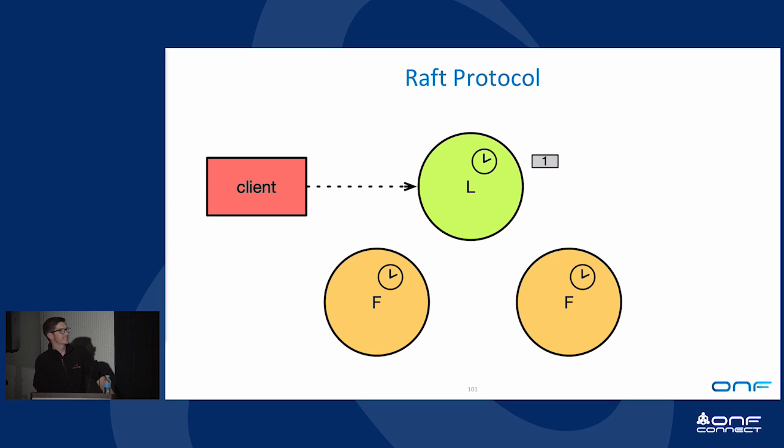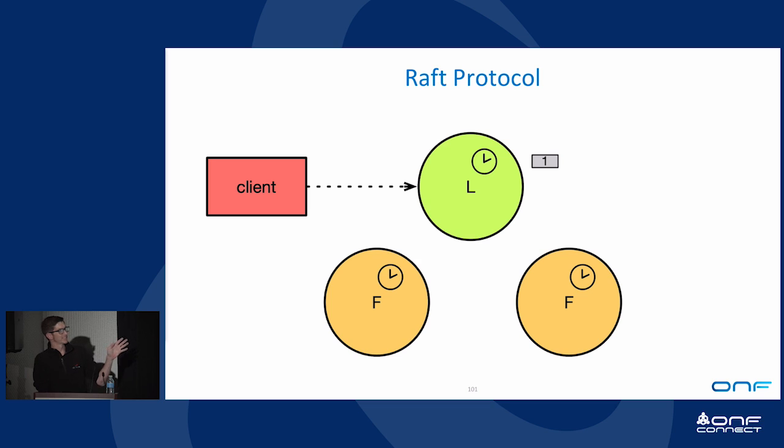What an operation is in this context is, think of a distributed primitive. When you create a consistent map and call put on the map, it's turned into a log entry that's replicated inside of Raft. Each node has a persistent log on its disk.